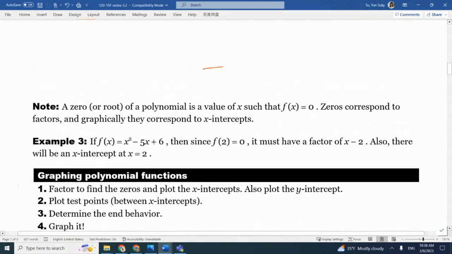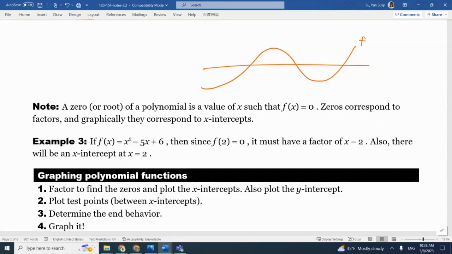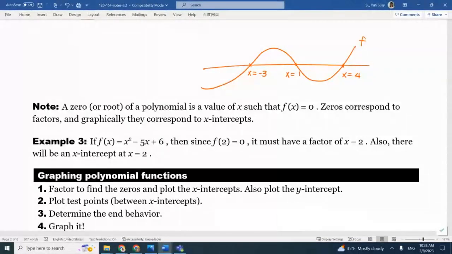For example, if I draw a picture and then something like that, let's say this is f, okay? And let's say this is a zero, polynomial or roots of a polynomial.